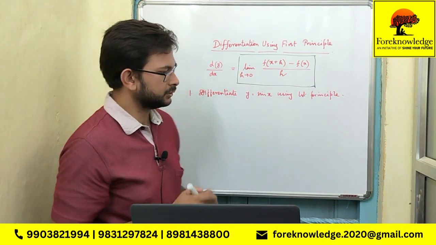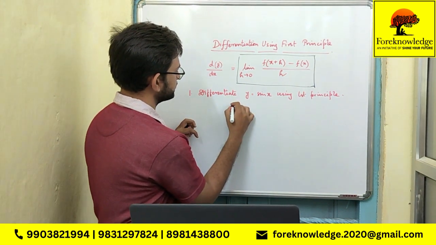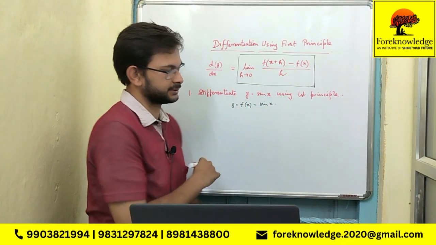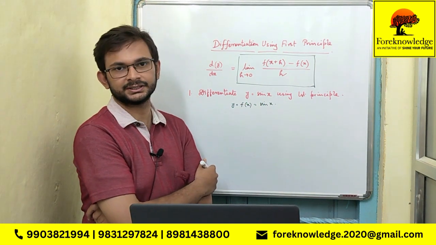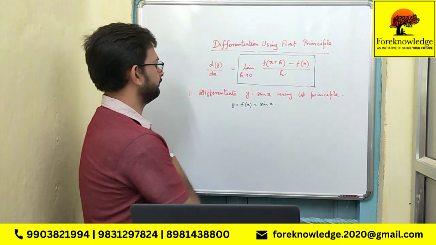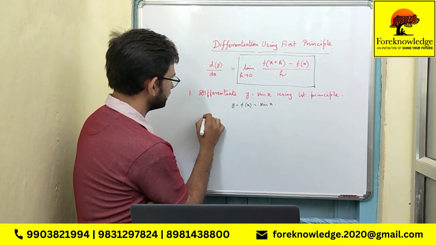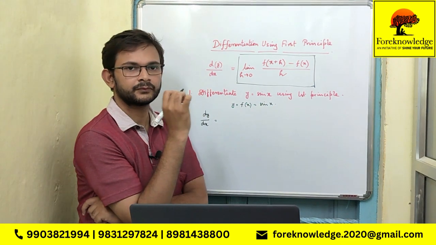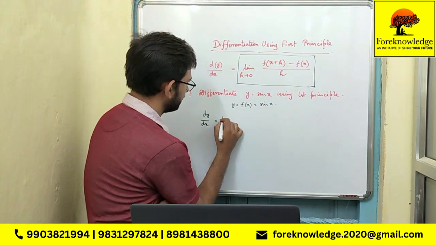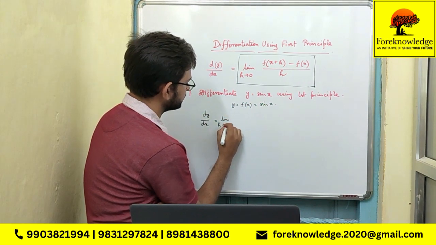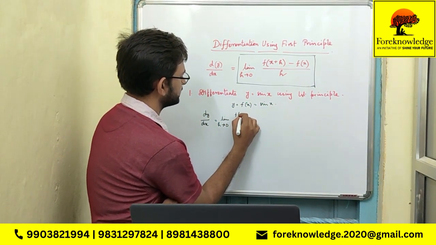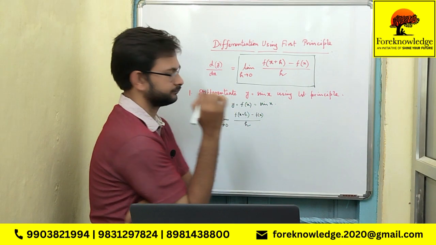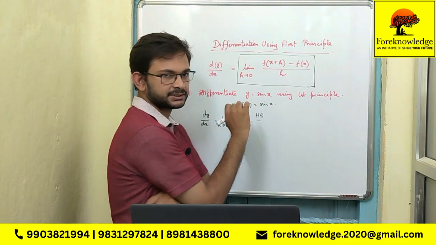So what do we do? We first consider y is f(x), which is nothing but sin x. Now we have to calculate dy upon dx. Use the formula: limit h tends to 0, f of x plus h minus f of x, by h. Now f(x) was sin x.